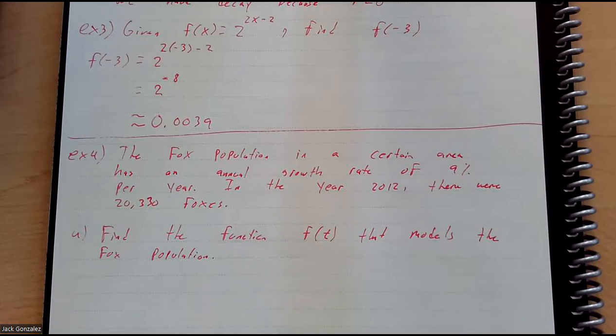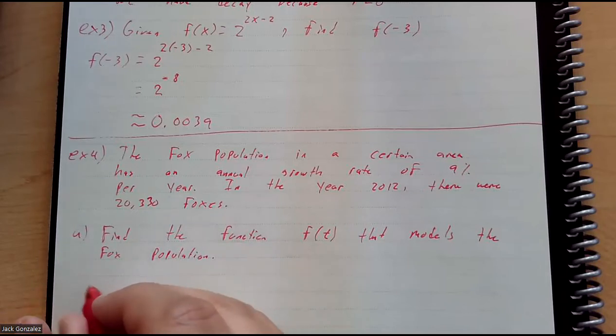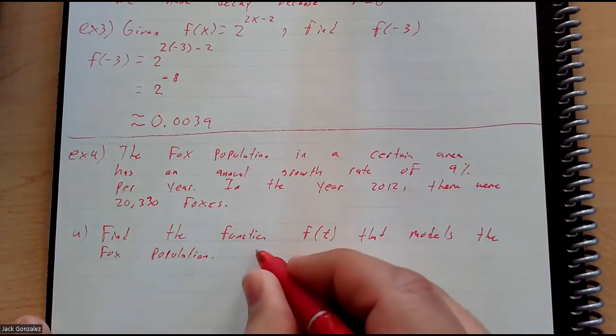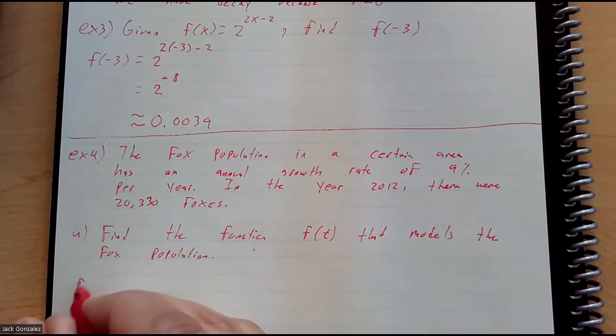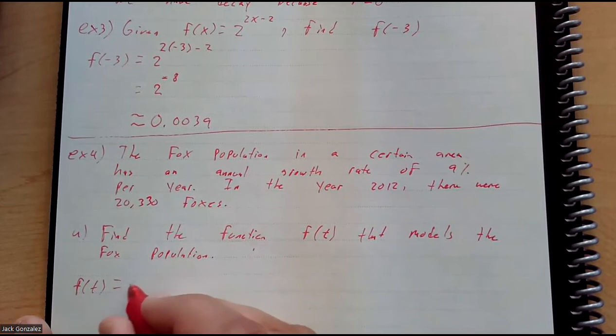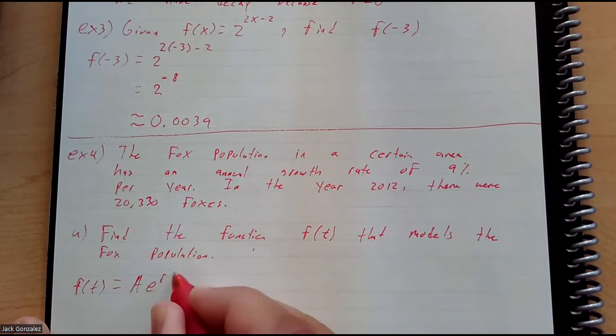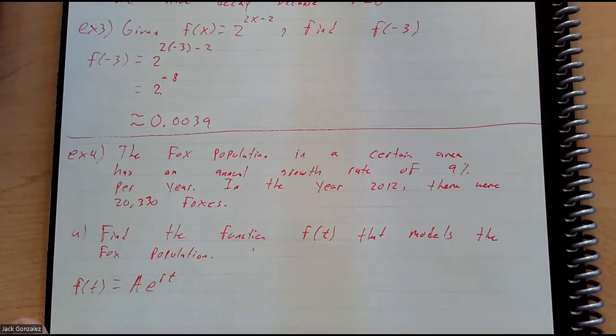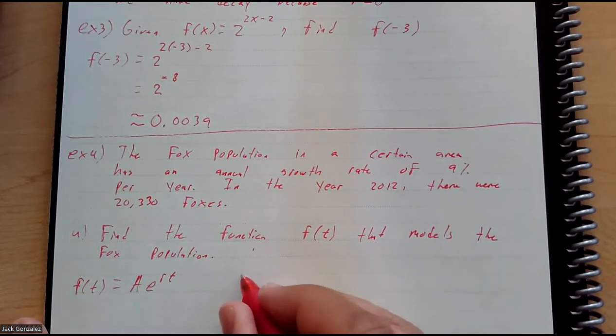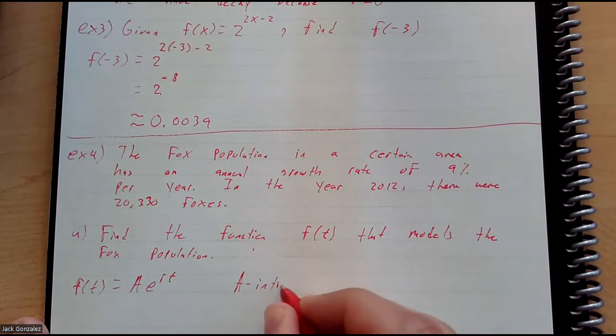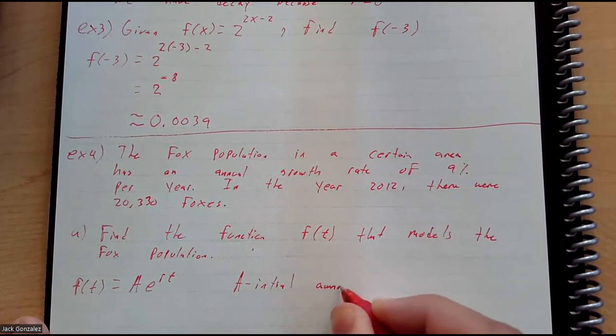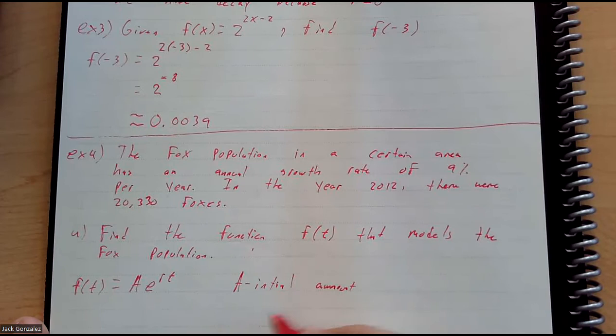So we could say that the formula we're going to use, right? I think in the book they use A-E-R-T. A is the initial amount. R is the rate.